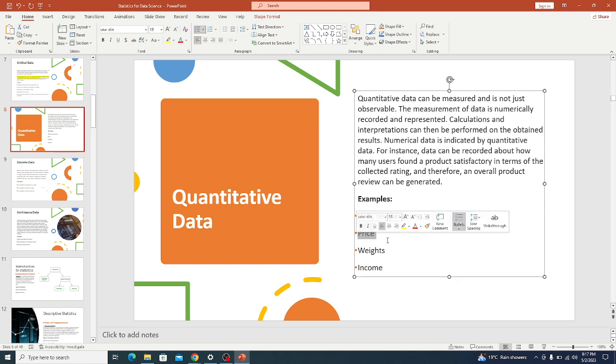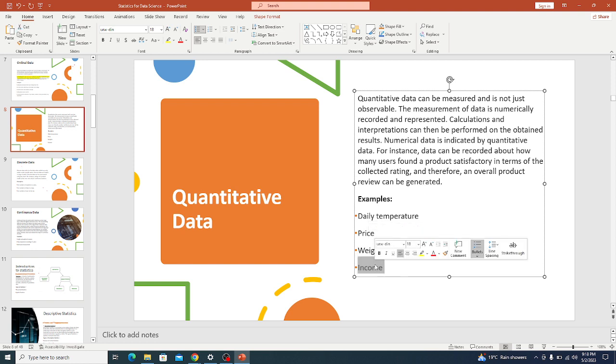Price can also be continuous. You might be selling a product at 100 shillings 50 cents, meaning we will have a decimal. Then we have weights. Weights can also be expressed in decimals. We have income. Income can also be expressed in decimals.